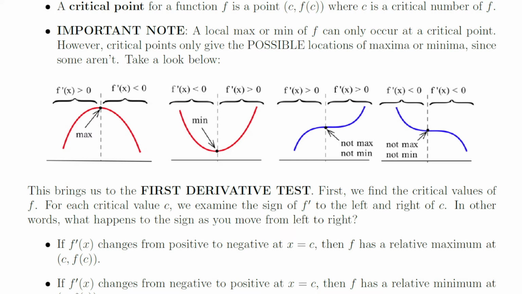So let's take a look at this graph here, or these graphs. Here, this is our original function, okay? Since the derivative represents the slope of the tangent line, you can think of the slopes coming off of each of these points all the way up until we get to this as being positive, okay?